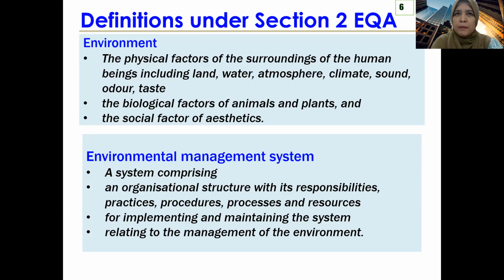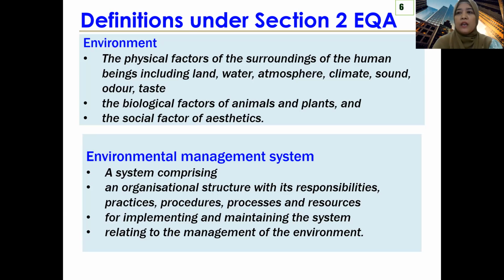So not just implementing the provisions of the EQA, but also to maintain, to make sure to monitor that all the requirements are met. For instance, if there is an EIA, ensure that the mitigation activities are being implemented in the development.